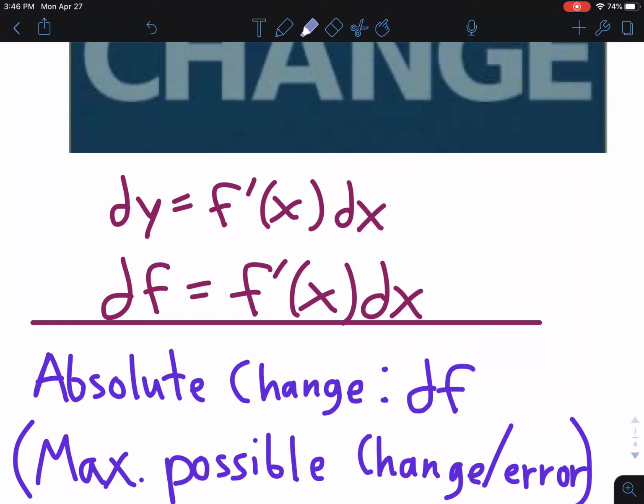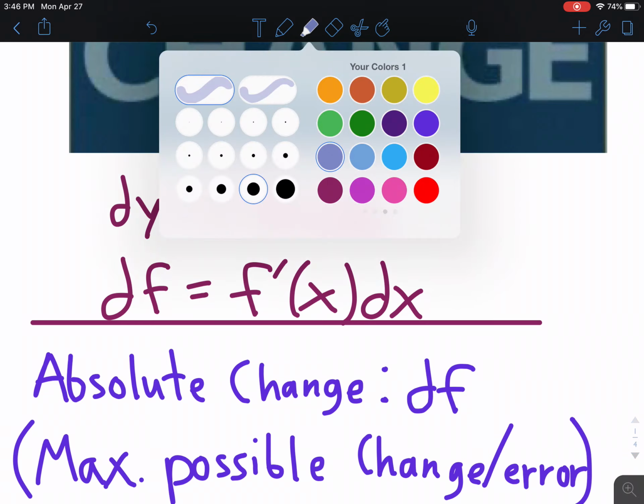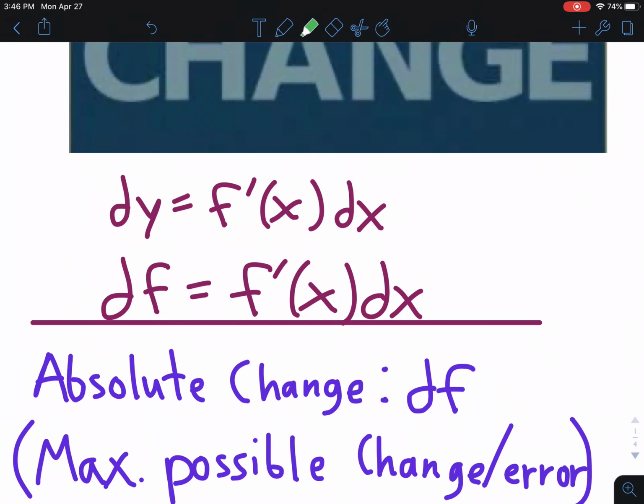Another thing you're going to notice in all the stuff that we're going to write down here is you'll see the word error. Because in some of these contexts, something is changing, but that could result in an error. Remember, the differential is an approximation of the actual change in the output, and since we are approximating, that could be considered an error.